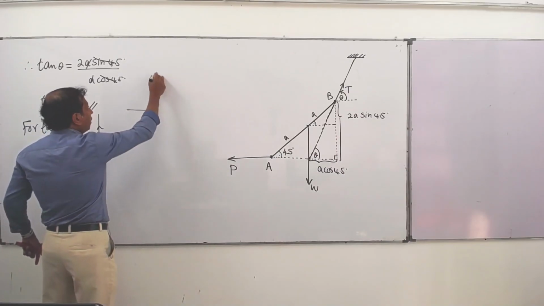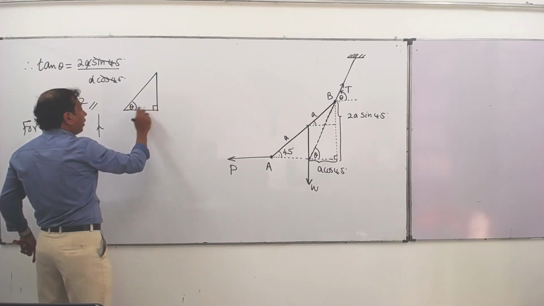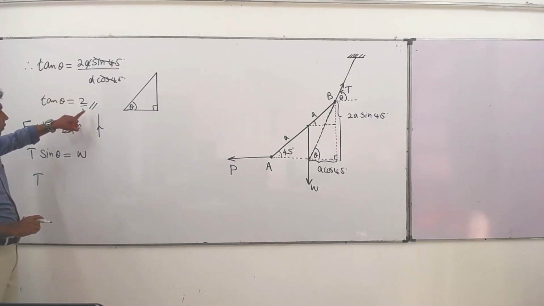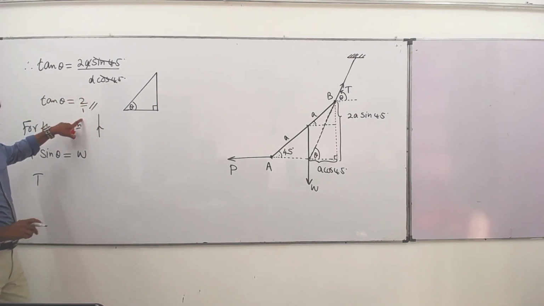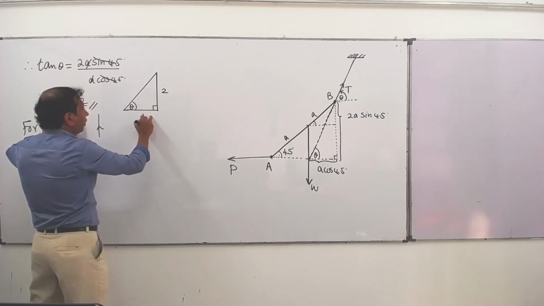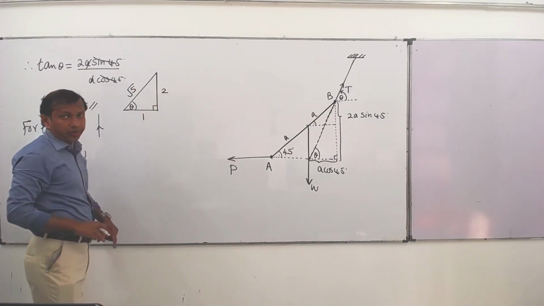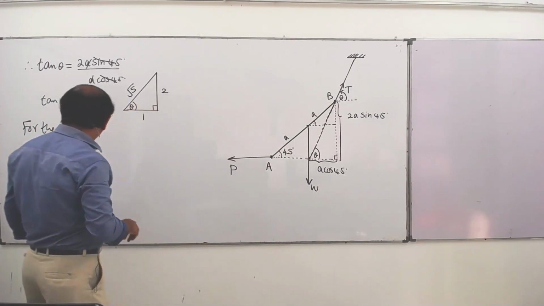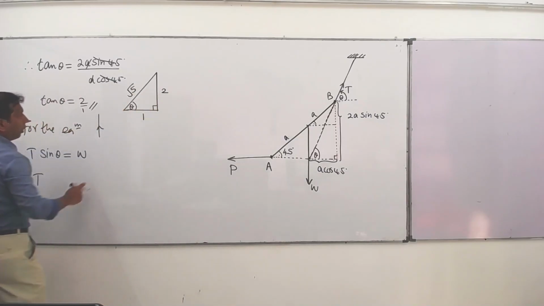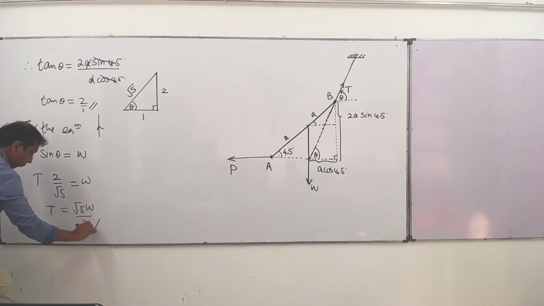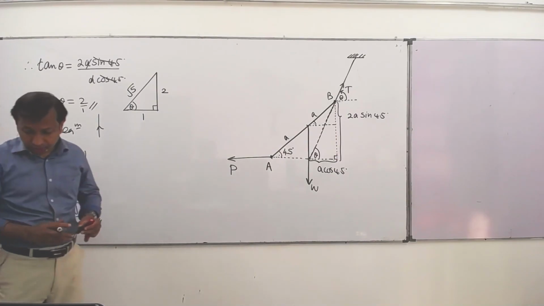For a right angle triangle, tan theta 2 means tan theta is opposite side divided by adjacent side: opposite 2, adjacent 1. Then the hypotenuse is going to be root 5, 2 squared plus 1 squared is 5, so its root. Sine is opposite by the hypotenuse, 2 over root 5. So T times 2 over root 5 equals W. Then T is going to be root 5 W by 2. This way, we get the tension T.